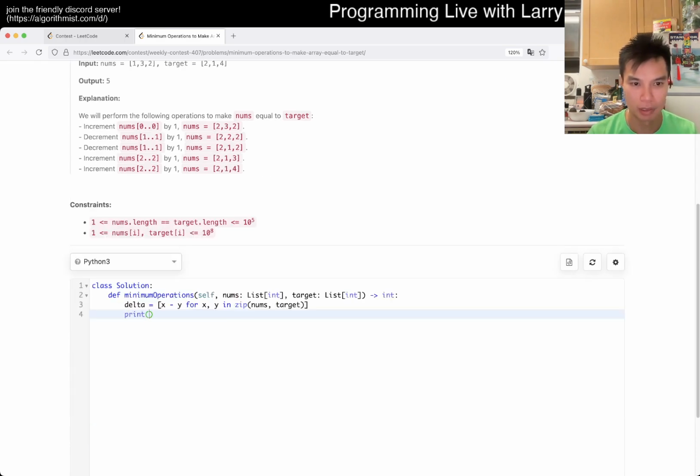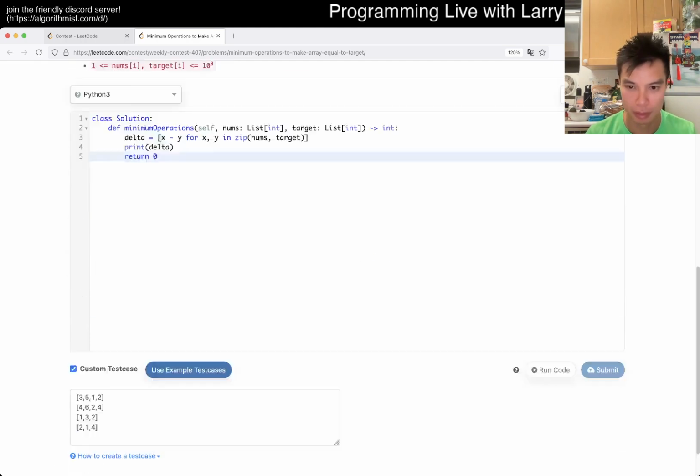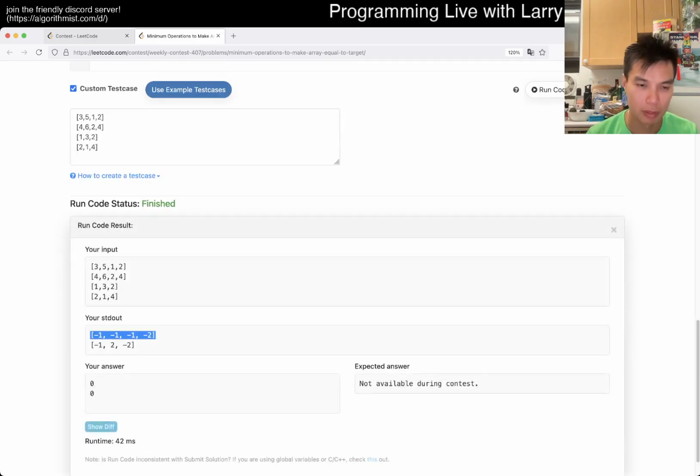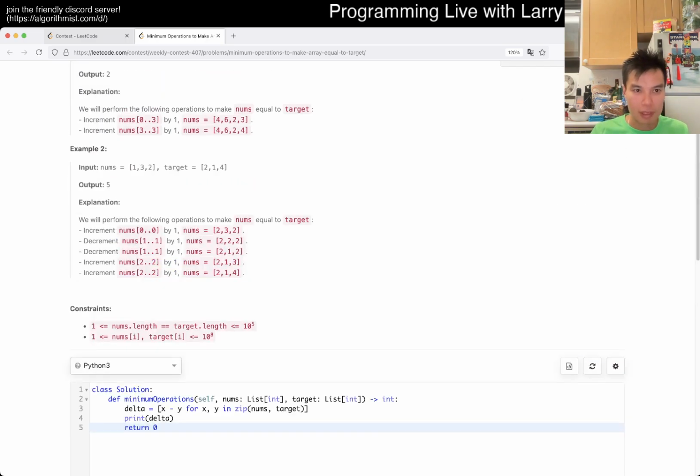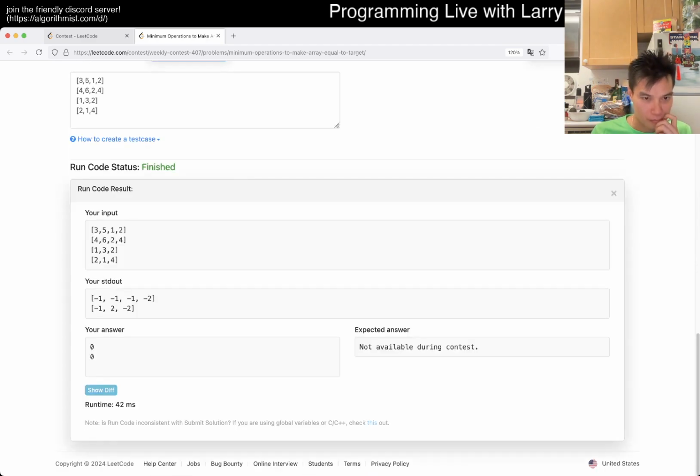Maybe that shows me something. Okay, so how do I minimize this? This is 5. Right, that's what they said was 5. I mean, some of this is clearly a good enough move. My question is like, how do you handle?